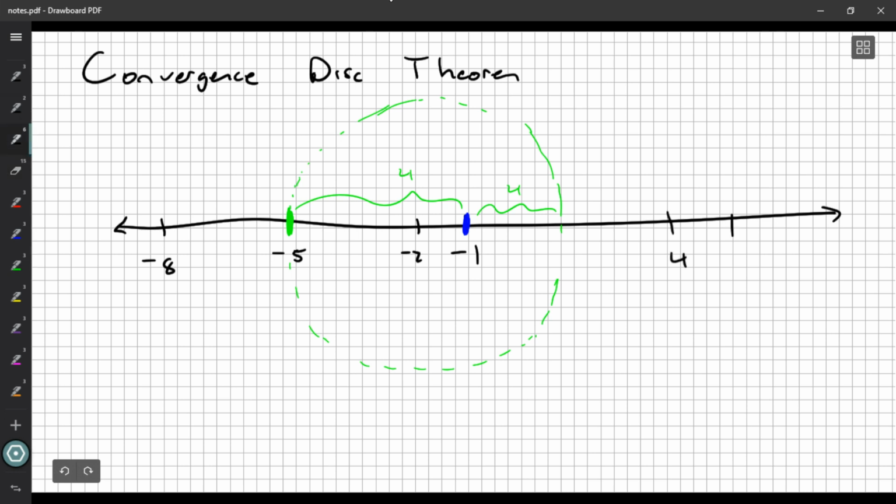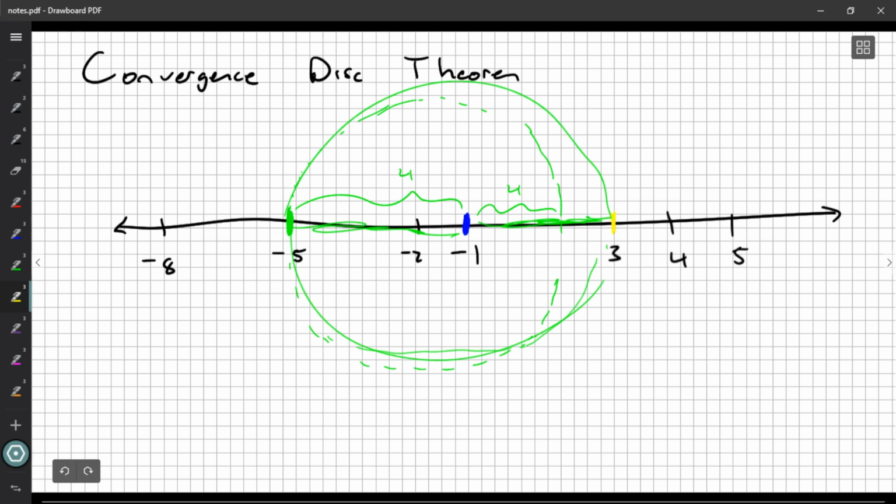So 4 here and 5 here, and 3 about here. If we draw a circle here, anything inside this circle, when plugged into our power series, converges. Now, not necessarily at 3. We can't say anything if it's the same distance, a distance of 4. But anything strictly closer to negative 1 than negative 5 is will converge.